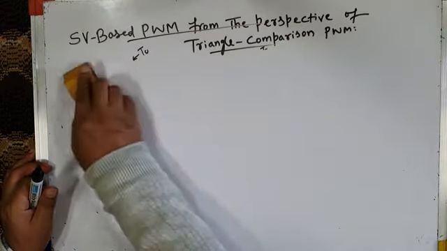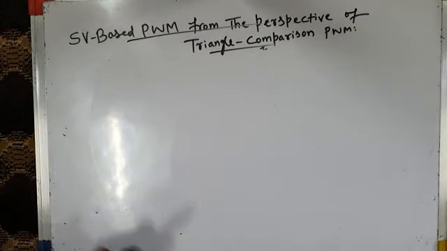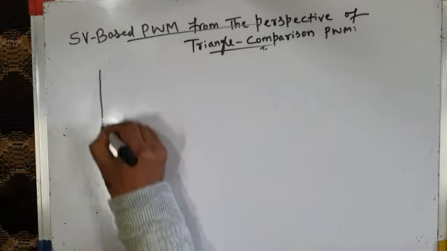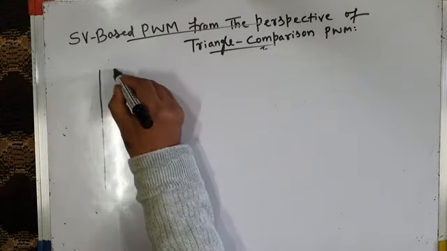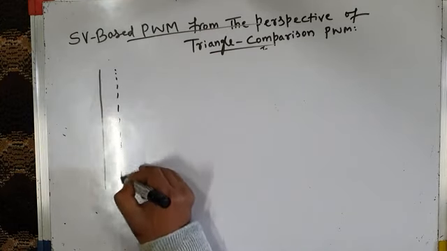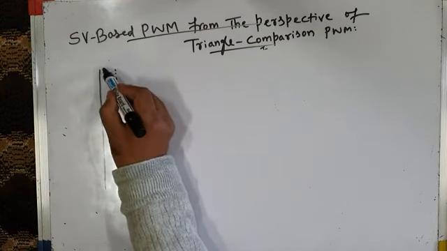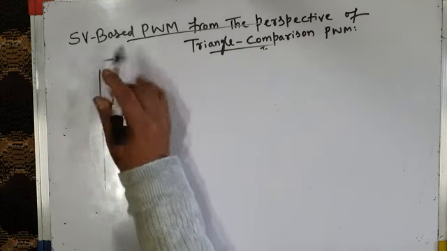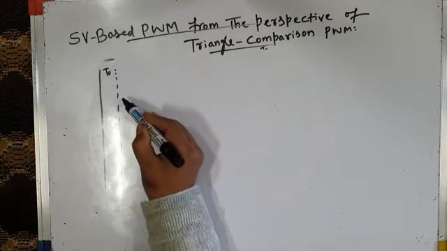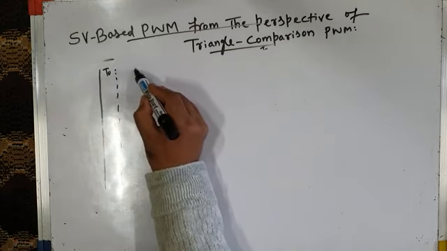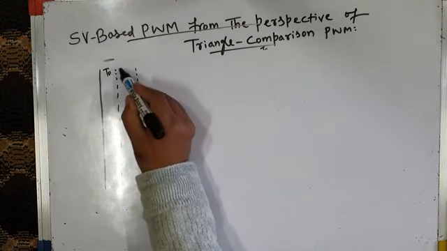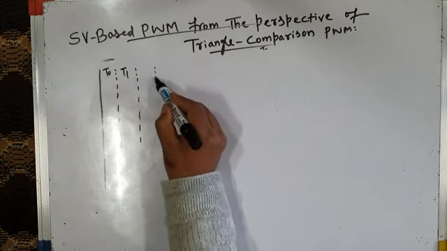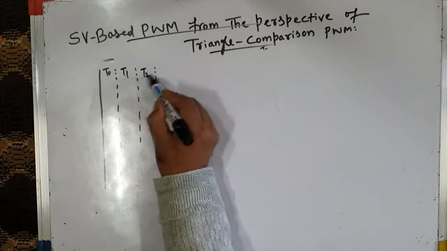Now, let me draw again the space vector based approach. Say this is time interval t naught, right? This is time interval t1. This is dwell time t2.